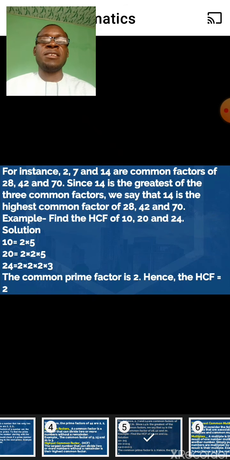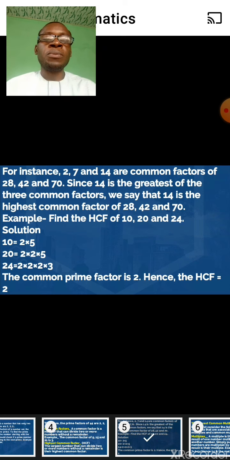For instance, 2, 7, and 14 are common factors of 28, 42, and 70. Since 14 is the greatest of the three common factors, we say that 14 is the highest common factor of 28, 42, and 70.